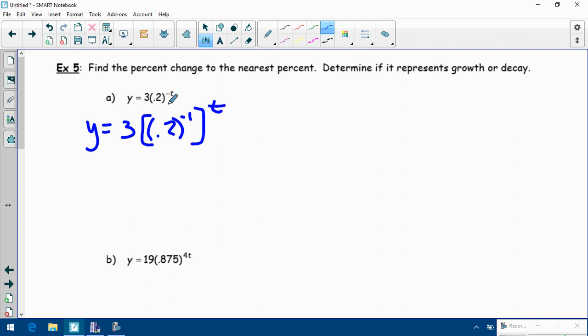So we have to isolate that t as much as possible. The thing that's actually being raised to the variable is 0.2 to the negative 1. So I take that, 0.2 to the negative 1, and set that equal to 1 plus or minus r.